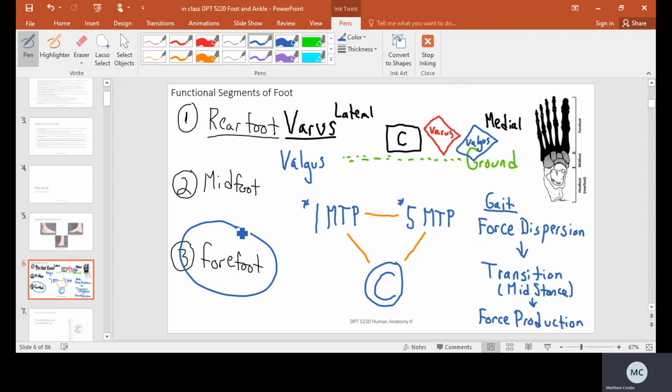What would I expect in terms of ligamentous stability if my patient has rear foot varus and forefoot valgus? Is it going to be hypomobile, normal, or hypermobile? Probably hypermobile, right? Think about how tough it was for you to get down to that position. Did anyone have bone ache?